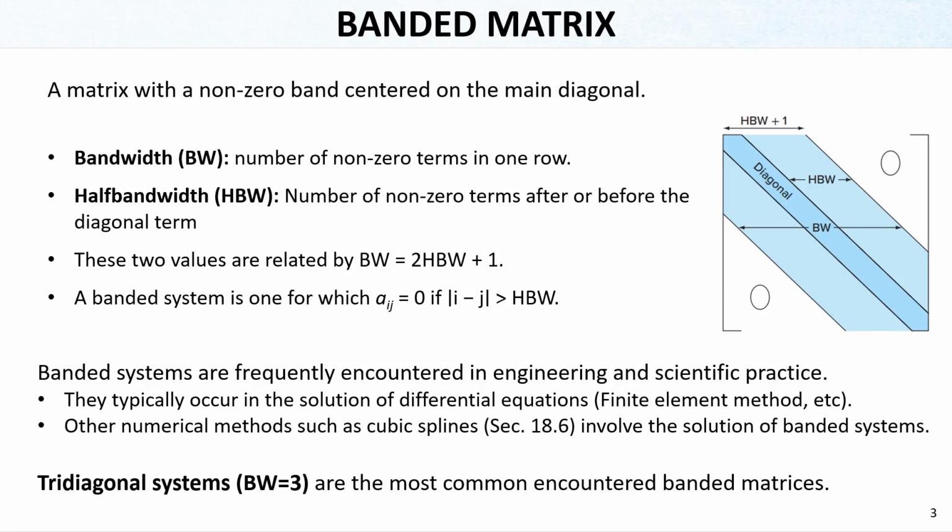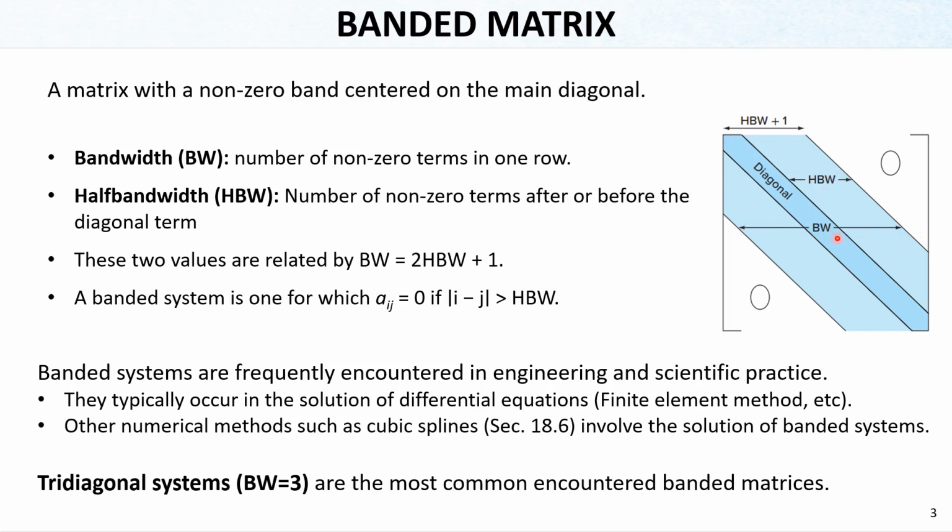So for these two types of matrices, we have special solution techniques that we are going to show. For the banded matrices, we have a representation, as you can see on the right hand side, and basically we have a non-zero band around the diagonal, centered on the main diagonal, and the rest are 0. The first term actually has one less than the bandwidth, but starting from the second term we can measure the bandwidth.